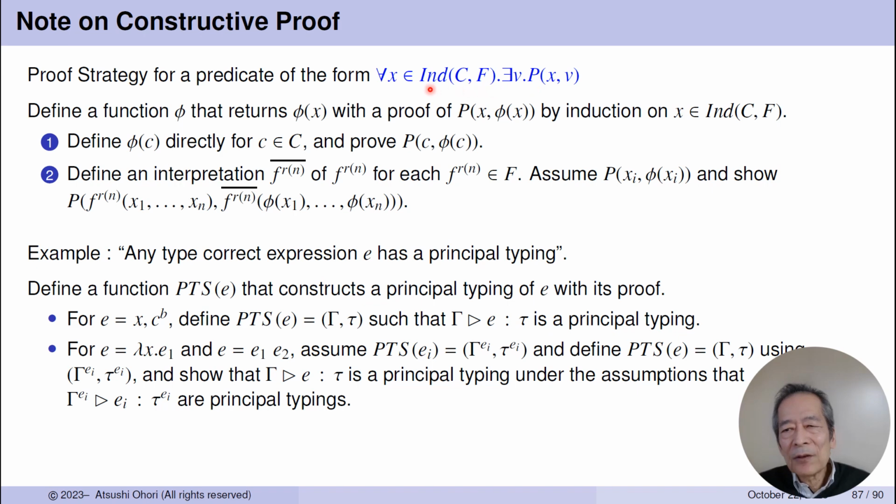So this is a typical statement we wanted to prove, often the case for this kind of proof. And the way we do this is the following. We define a function phi that returns the desired value with a proof, both value and proof by induction on this inductive closure.